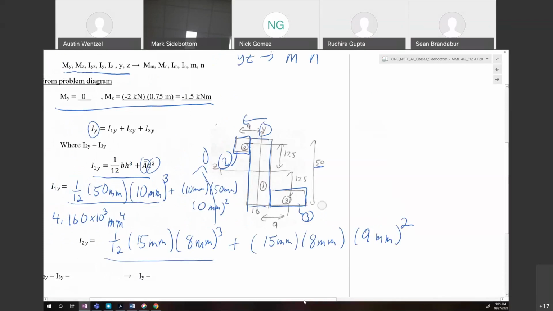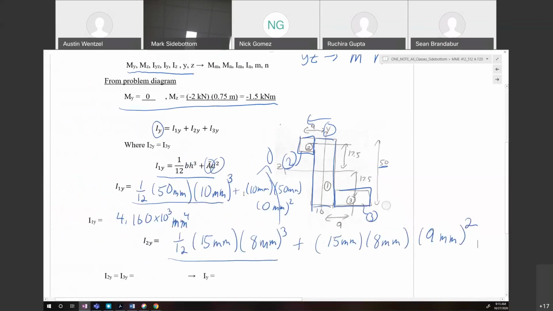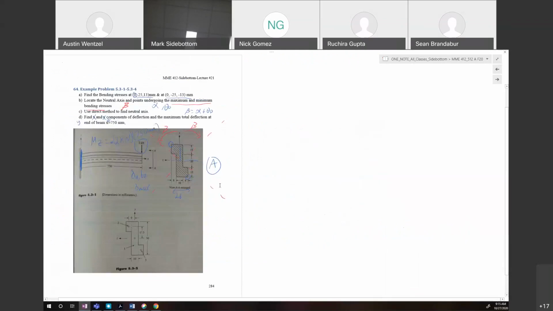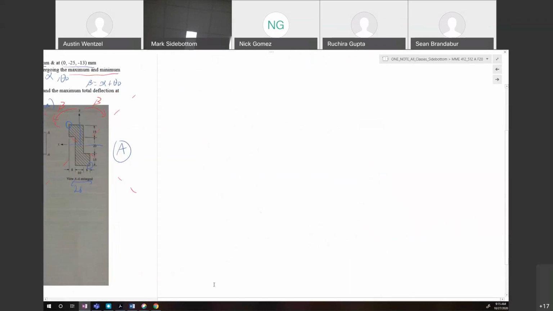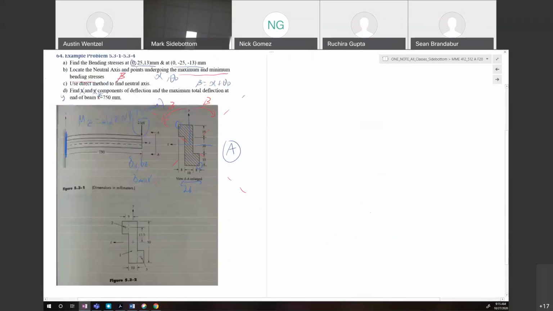All right. For the second area, I2, that distance from the y-axis to the centroid of 2 is equal to 9 millimeters. Now, for simplicity, this is also provided in this chart on the bottom of the page here.